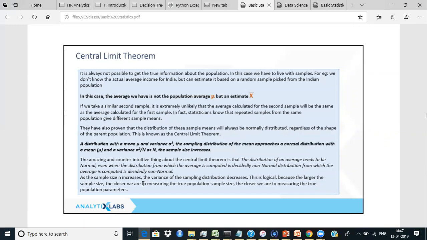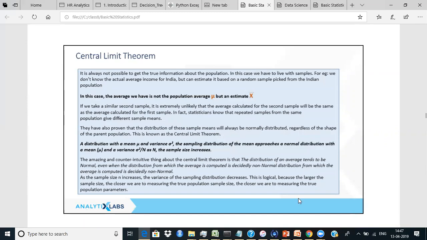But if I collect, say, 3 people from here and calculate the average of their age, I will know that this average age comes from a normal distribution with a mean equal to the average age of all people in this room and a standard deviation equal to the standard error. Okay, this is the central limit theorem.